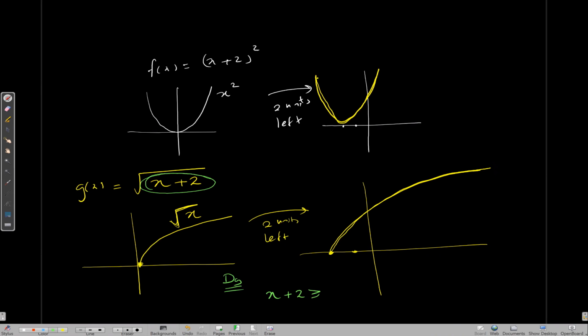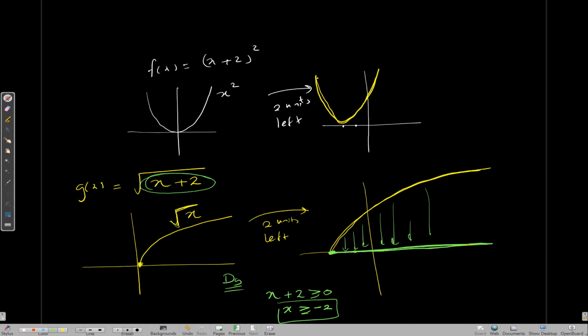We make it greater than or equal to 0, and we can see when you subtract, x is greater than or equal to negative 2. Look carefully, guys. It's exactly this. If you project your graph down to the x-axis, the domain is x greater than or equal to negative 2, which clearly makes sense, going 2 units left, right?